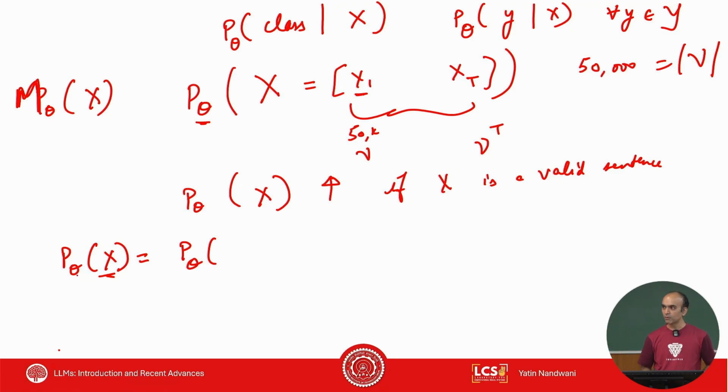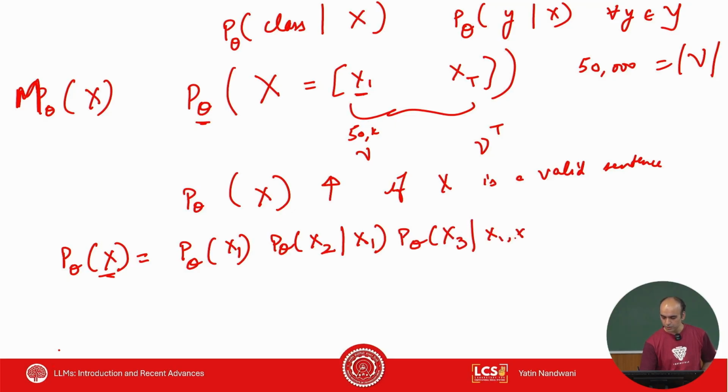The way we factorize its probability is, we say that this is equal to P theta of X1 times P theta of X2 given X1 times P theta of X3 given X1 and X2, and so on and so forth, Xt given X1 to Xt minus 1. This is a modeling choice that we are making, and by virtue of this modeling choice, we are able to find the next token prediction as well.